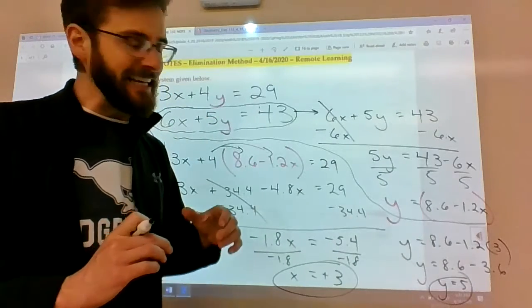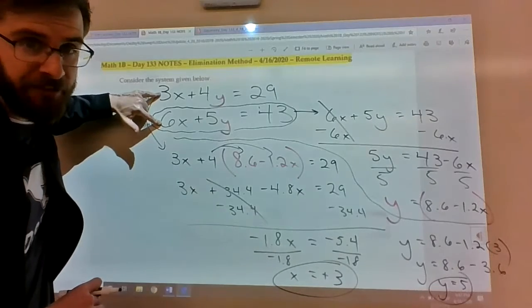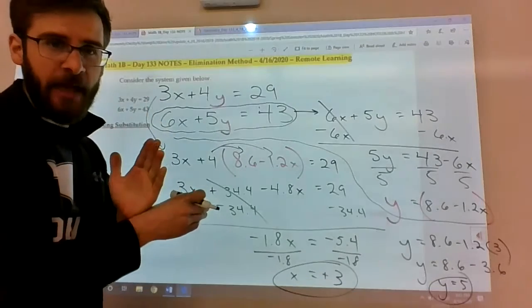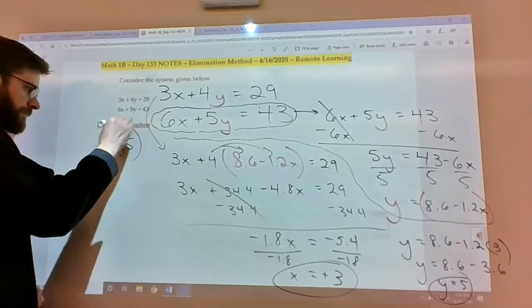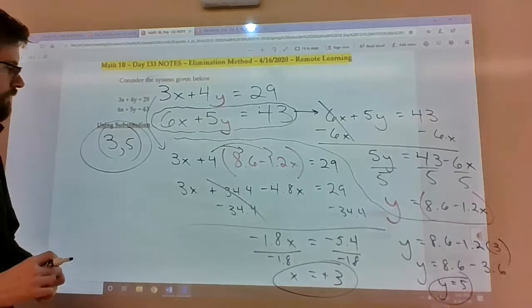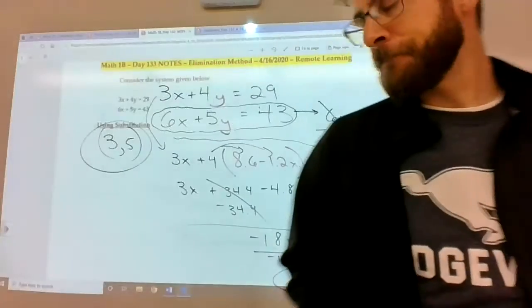3 comma 5 is the point at which these two linear equations, when we graph them, will intersect on a grid. But substitution is not the only way.